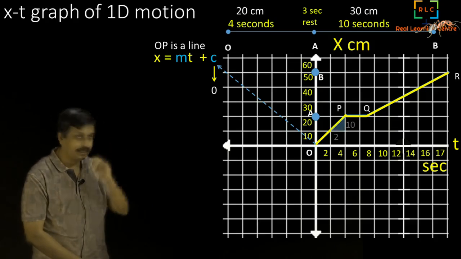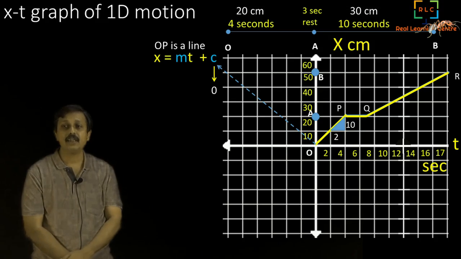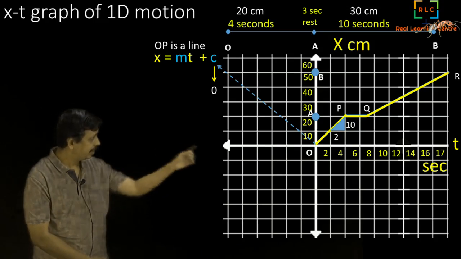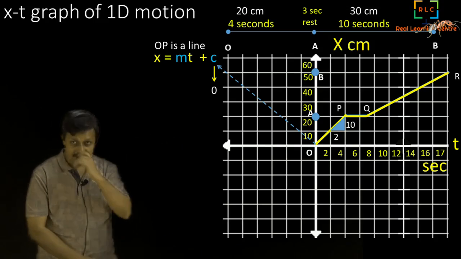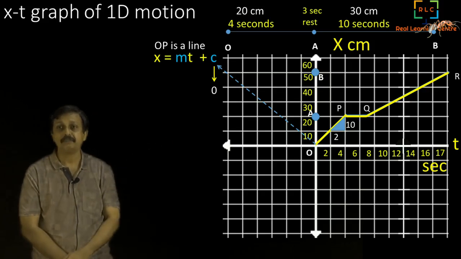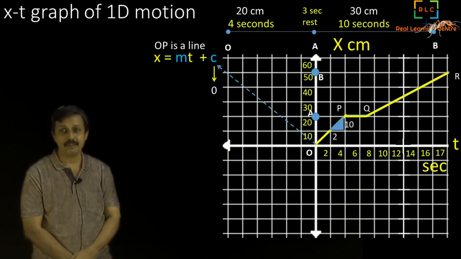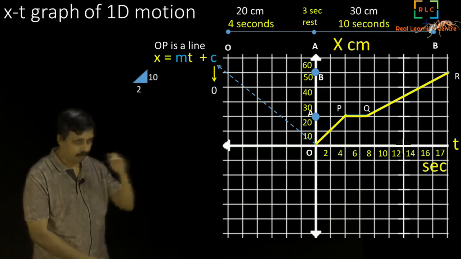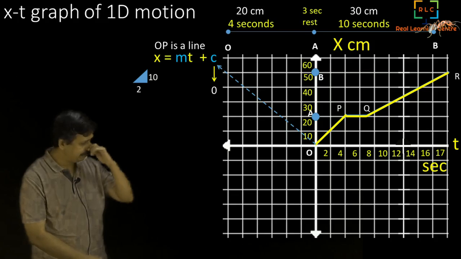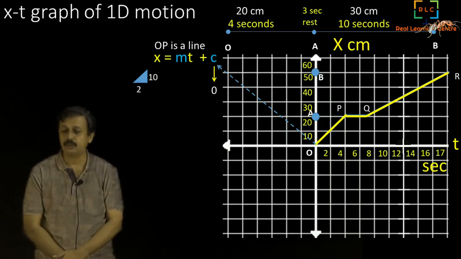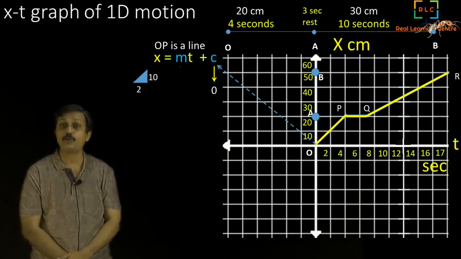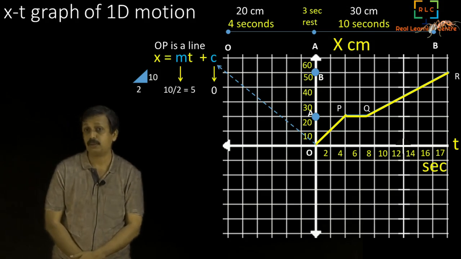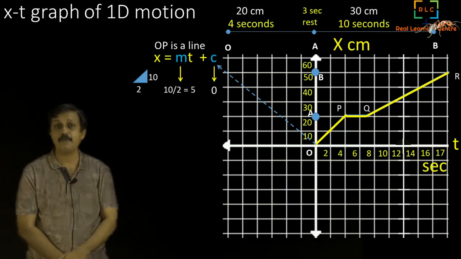You can see very clearly that we take a right angle triangle on that line and measure it. The values are 10 and 2. Each box vertically is 10 and horizontally is 2. So 10 divided by 2 is our slope. M is equal to 5.